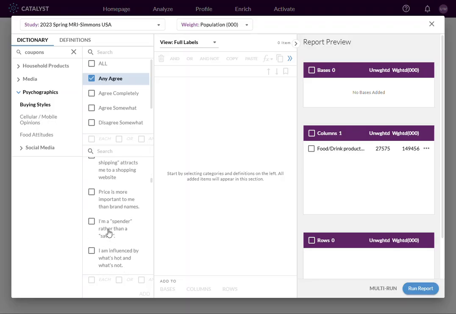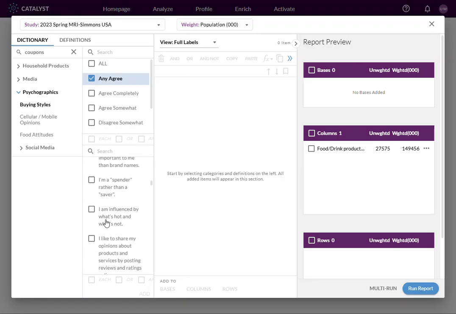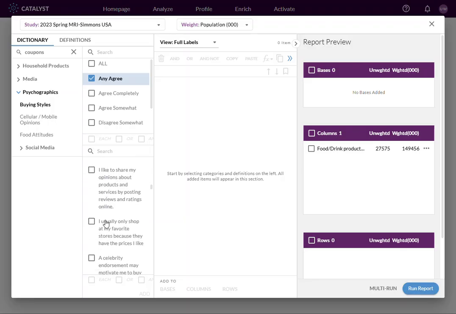I'm a spender. Let's see. I like to share my opinions about products, a celebrity endorsement. I only use coupons for the brands I usually buy. Before purchasing a product online, I typically read reviews. People come to me for advice.